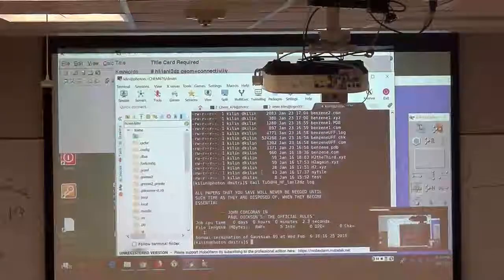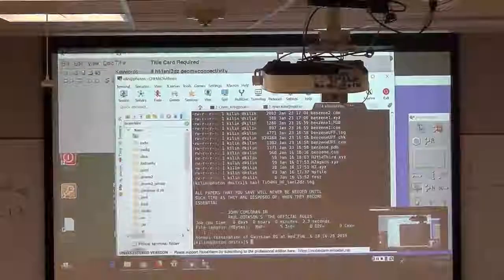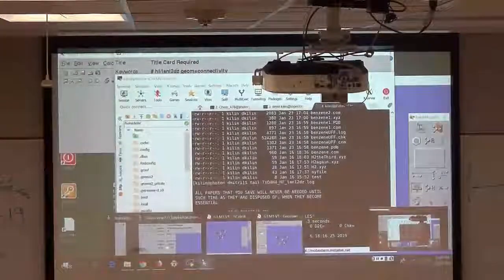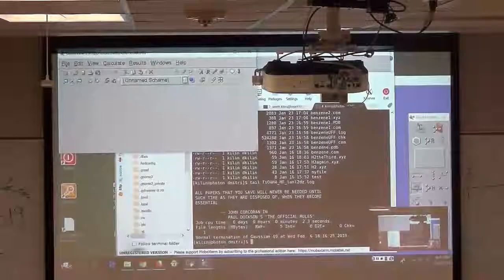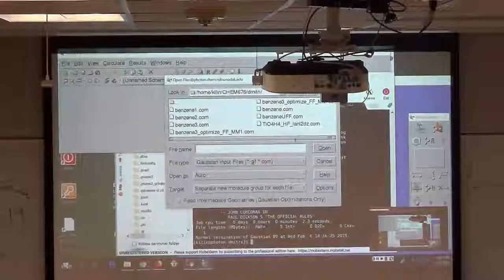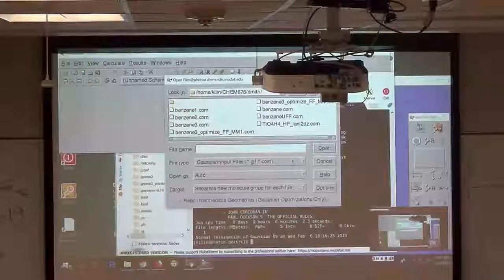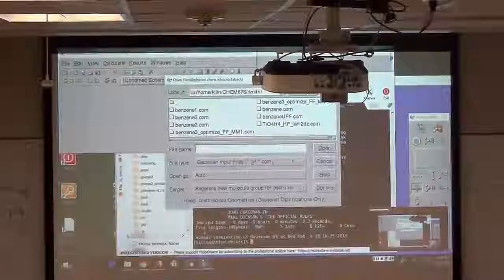Before we go through the content of this log file, let's do file open Gauss view and look through the resulting calculations through the Gauss view.